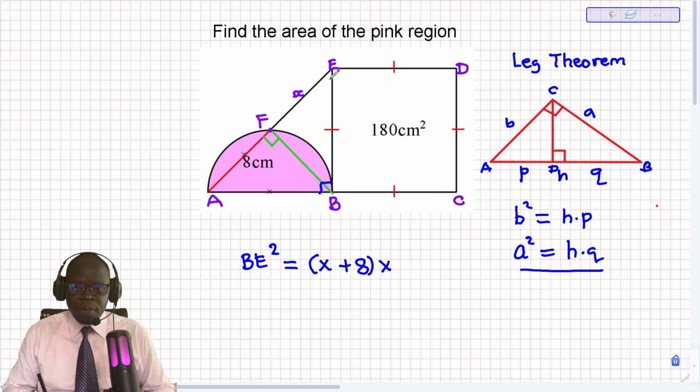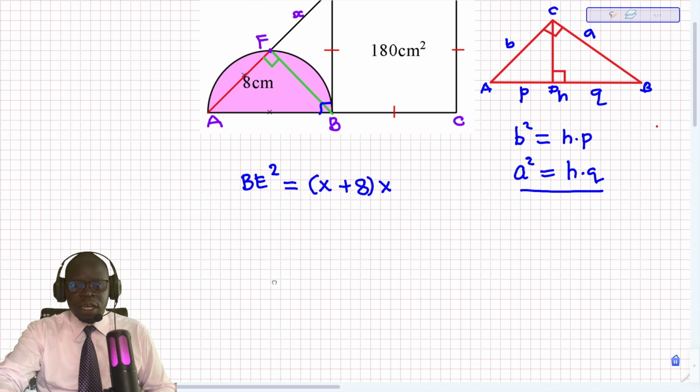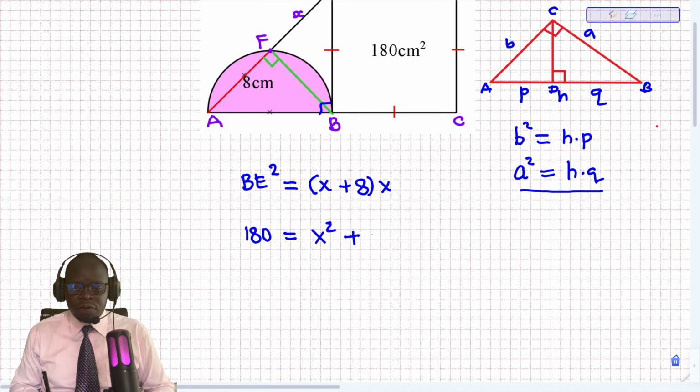And literally, BE square is the same as what we have here, and that is 180. So we can move on and replace BE square by 180. This must be equal to, now here we can open up this bracket and we have x square. If we multiply x and x, then x times 8, we get 8x.